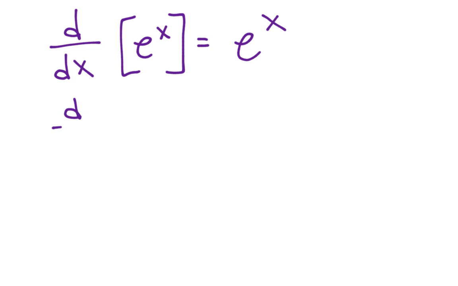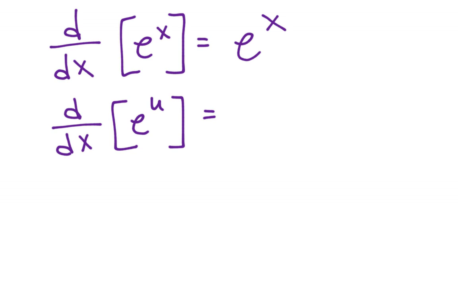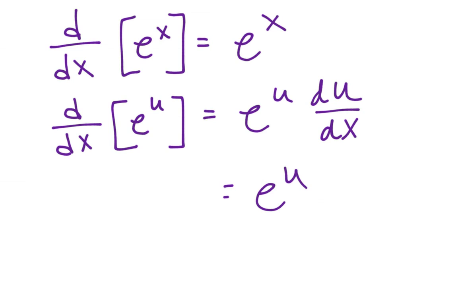Let's talk about it in terms of u, because now we're getting a little more complicated. The derivative of e to the u is e to the u du dx, or e to the u times u prime. Either way.